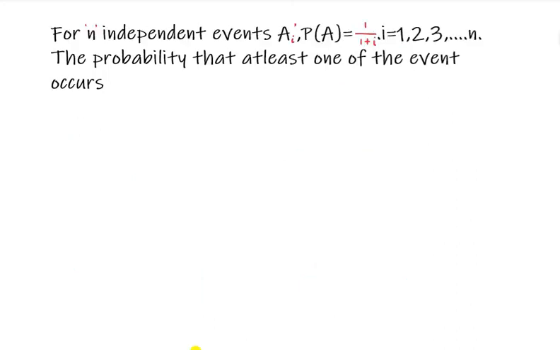Okay. So you can observe here for n independent events Ai's, P of Ai is equals to 1 by 1 plus i given. Then the probability that at least one of the events occurs. At least one of the events means we have to find out P of A1 union A2 union A3 and so on union An.